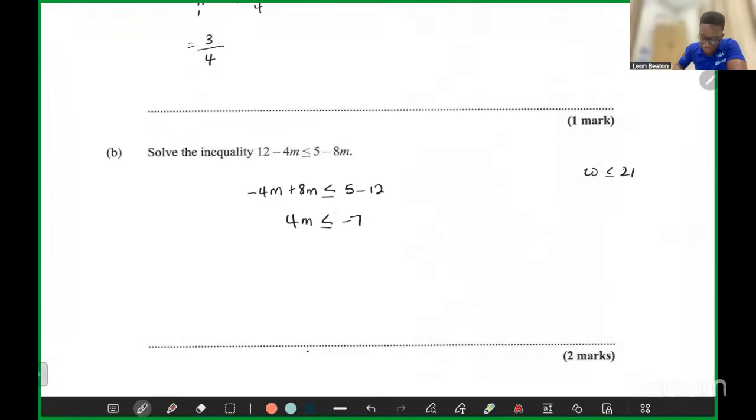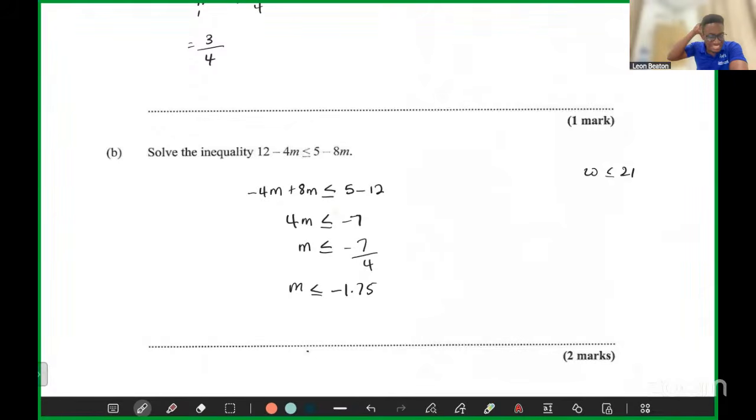The next thing we want to do, this 4 is multiplying this m, so we divide both sides. We'll have m is less than or equal to negative 7 divided by 4. That would give us a negative 1.75. All right, so our answer here is m is less than or equal to negative 1.75.